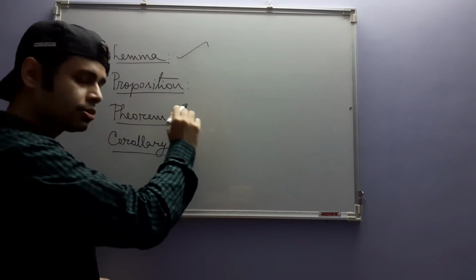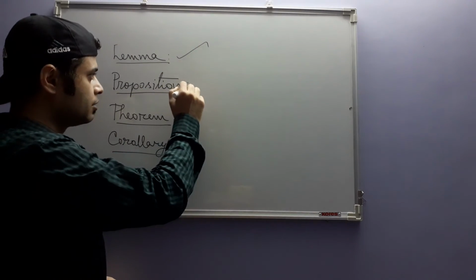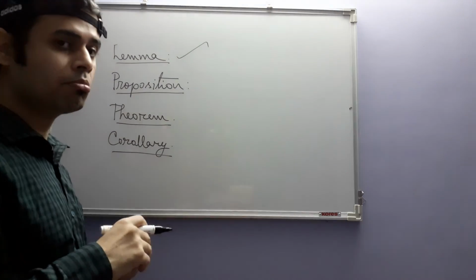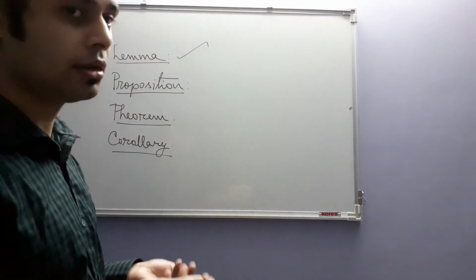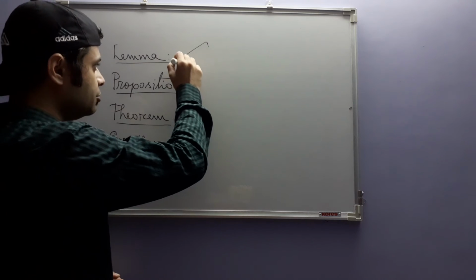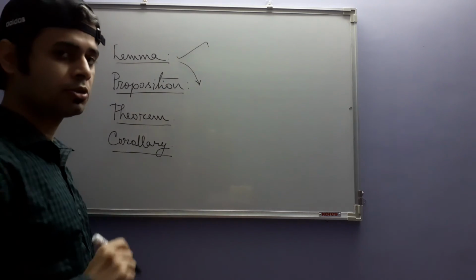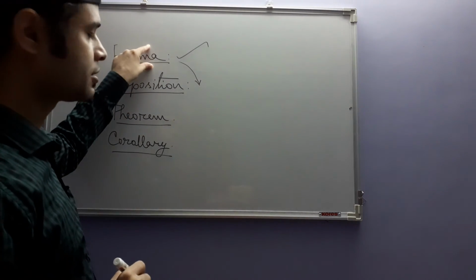Propositions are also results which can be obtained with somewhat more effort than a lemma, and you can use a lemma to prove a proposition. So lemma is the first stage.